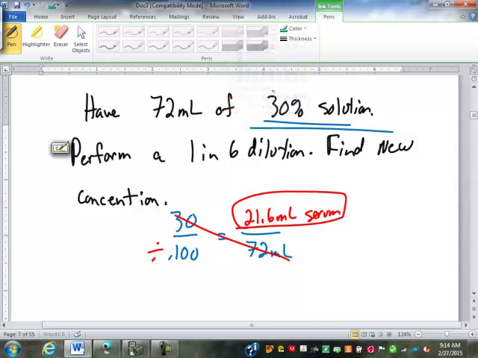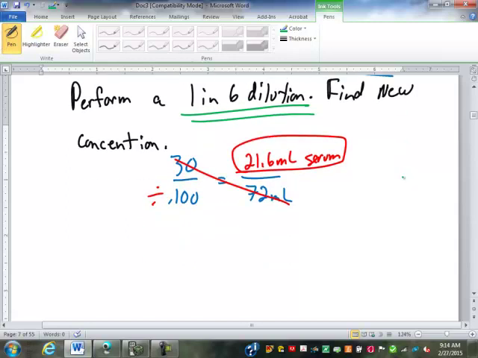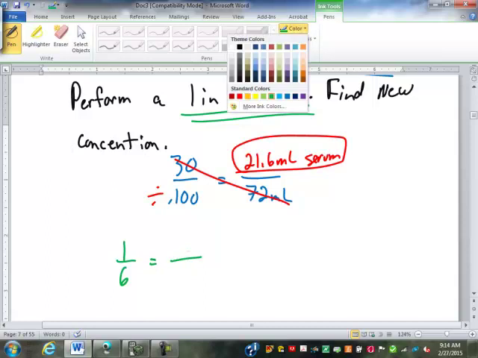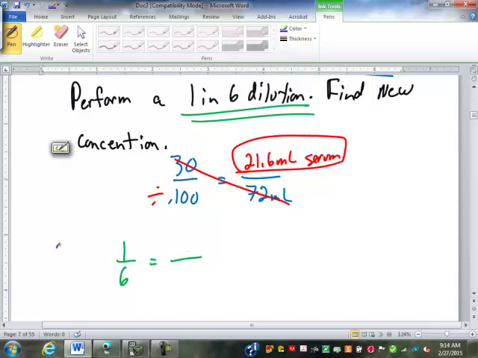Now it undergoes a 1 in 6 dilution. Now a dilution, we're adding stuff with no medicinal value. We're adding that sterile water to it. So we had 72 milliliters. After a 1 in 6 dilution, remember 1 in 6, the 1 represents the concentrate or the serum, and the 6 represents the total.